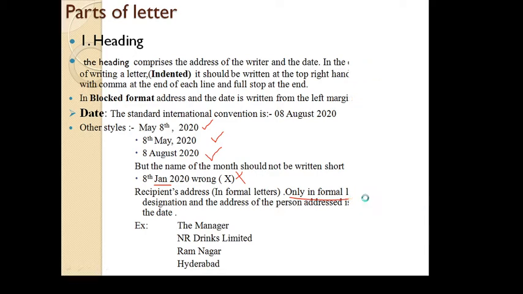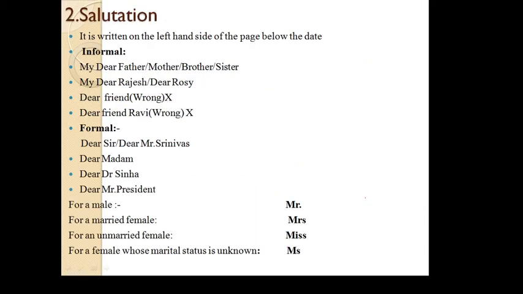The salutation is written on the left side of the page below the date. Give some space next to the date and write the salutation. So, different styles of salutations. In informal letters: my dear father, my dear brother, brother, sister, my dear Rajesh, dear Rosie, these are all correct.